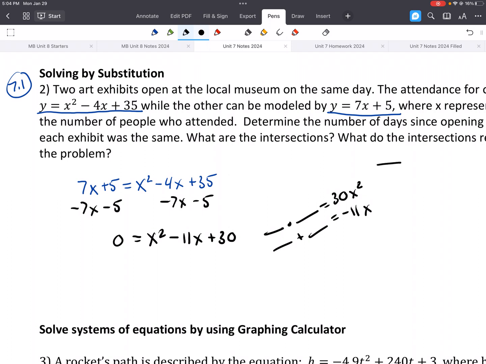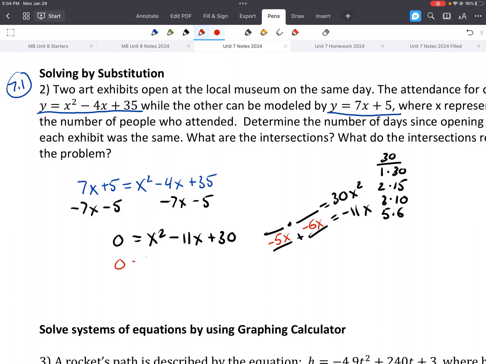So again, if you're ever stuck, you can always write down factor pairs. So 1 and 30, 2 and 15, 3 and 10, 4 doesn't work, but 5 and 6. So which of those could give us 11? I think it's going to have to be 5 and 6, but both negative.